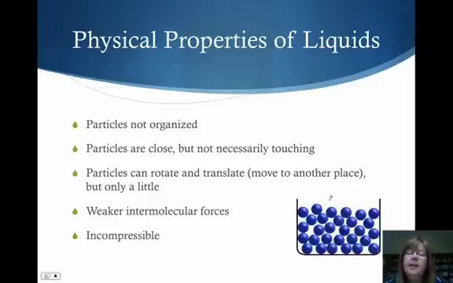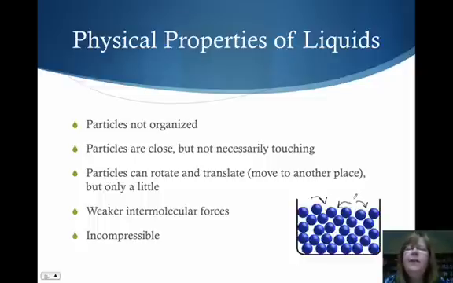As you can see in this little picture of a liquid, the particles aren't nearly as organized as they were in the solid state. They're close. They're not necessarily touching like they were in the solid state. Now, these particles are still vibrating, but they can also do rotation, which means that they can turn around. So that's something new that the solids cannot do.